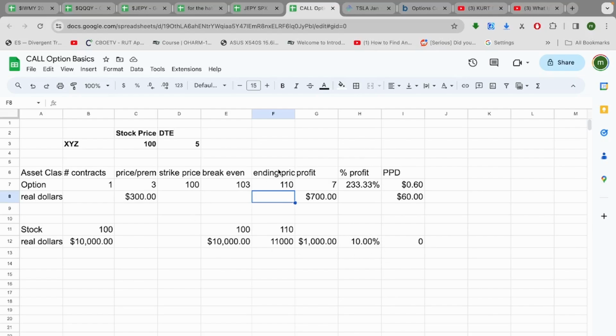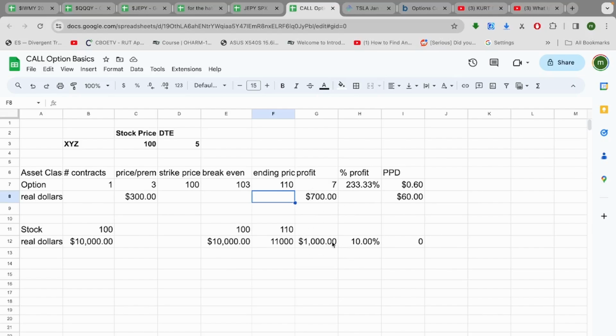All right, let's look over here. So the ending price in this example of XYZ company is 110. So the difference between 110 and the break-even level, remember you had to get to 103 to break even, the difference there is 7 points. All right, but in option points, 7 is $700. Okay, so you make $700 this way, and you make $1,000 with stock.